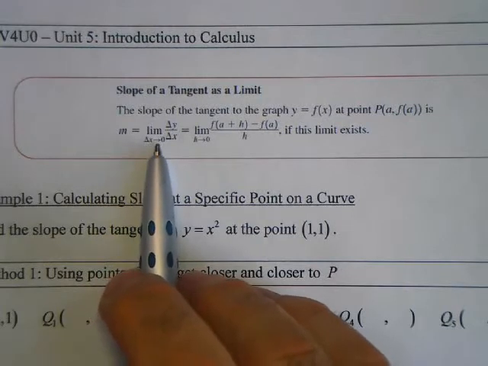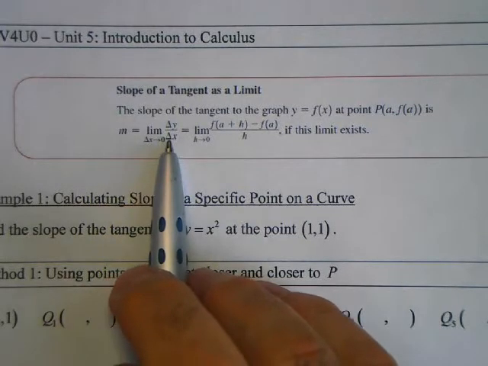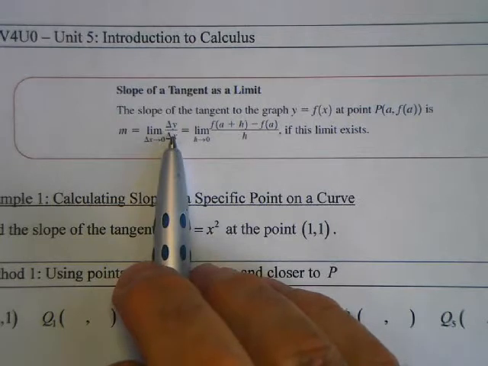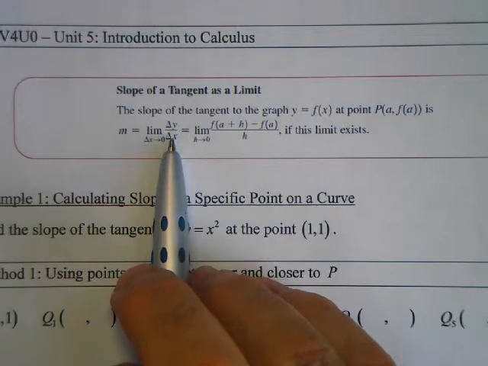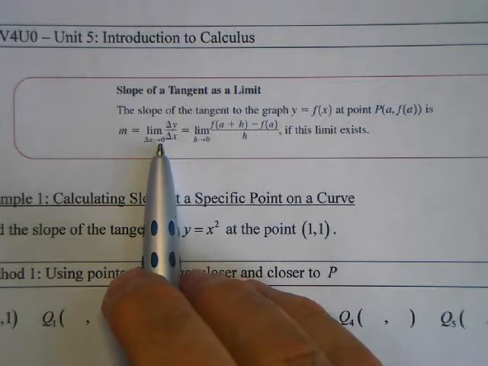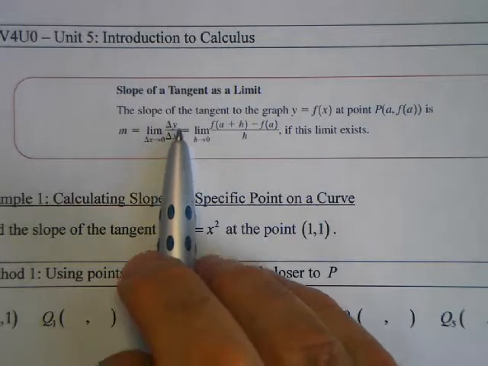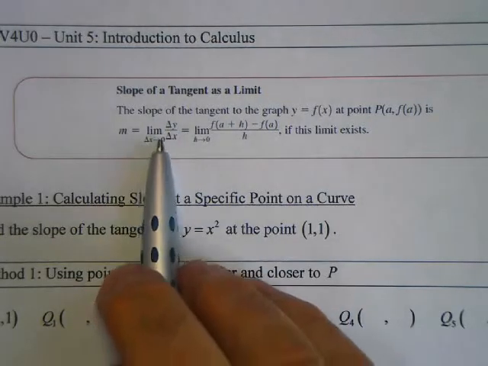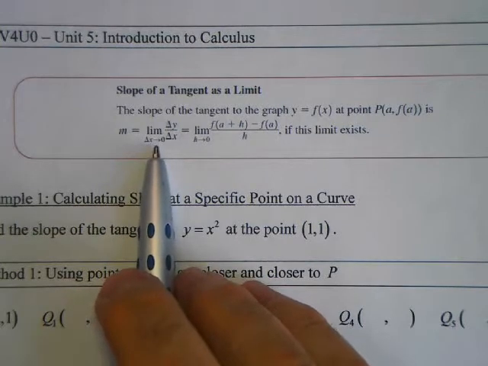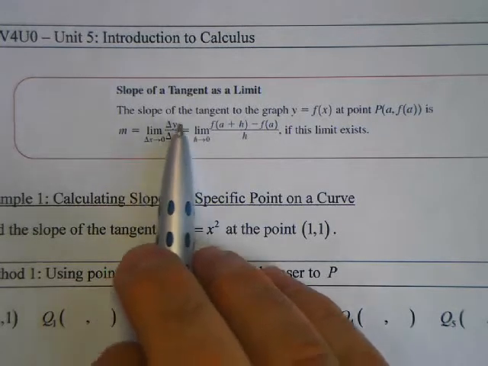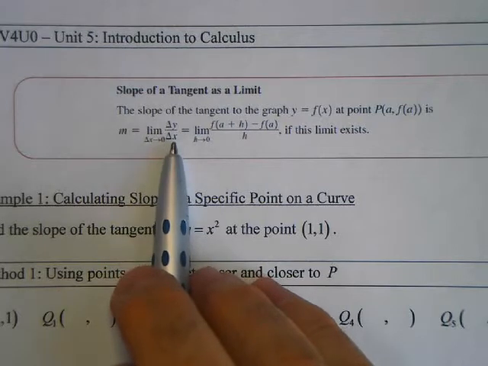Now delta x approaching 0 means the run approaches 0, or in other words, the two points that we're calculating the slope for become closer and closer together, to the point where they become the same point. Okay, so don't be too overwhelmed with this at this point. We'll be talking about that quite a bit. So if I expand delta y over delta x, that's rise over run.